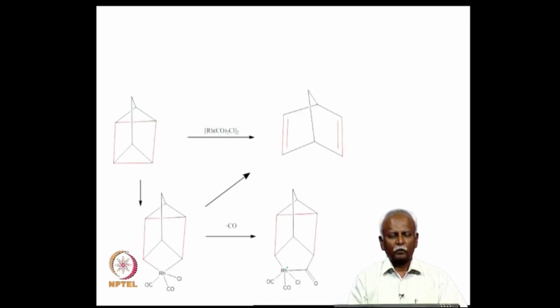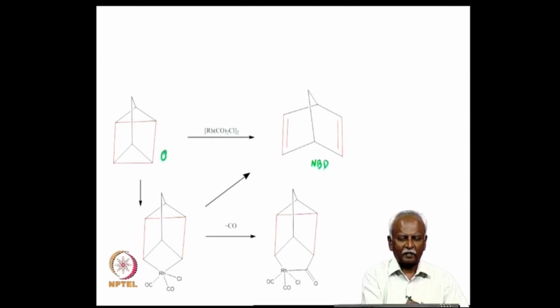So, during the course of studies with quadricyclane, it was noticed that quadricyclane is a molecule which will ring open to give norbornadiene. So, this is norbornadiene and this is quadricyclane.